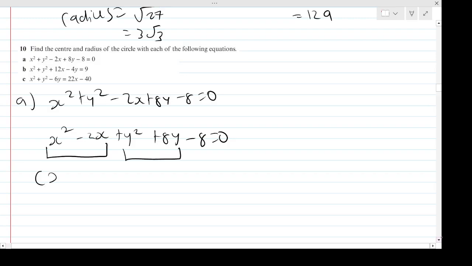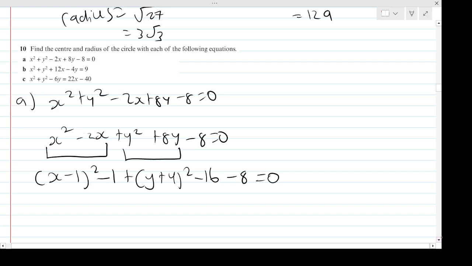Then we're going to get x minus a half of minus 2, which is minus 1, all squared. Then we minus 1 squared, so minus 1. Then we do the same for y, so a bracket of y, and then half of 8 is going to be plus 4, all squared. Then we minus 16. Okay, then we have the minus 8 on the end there. There we are. And that's equal to 0.